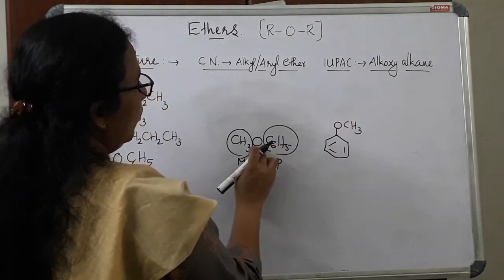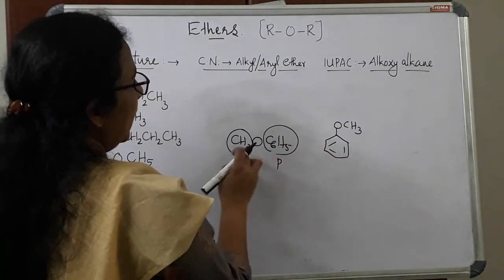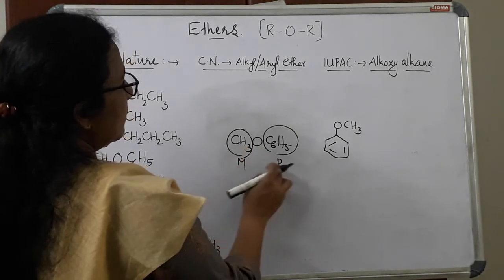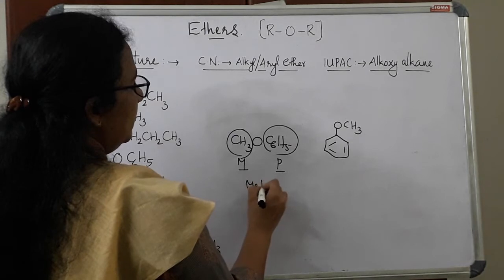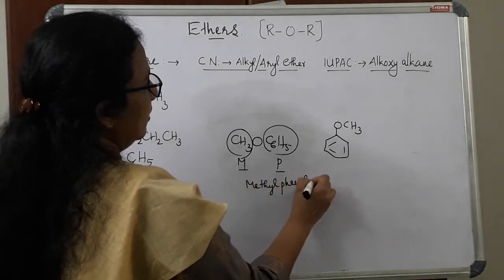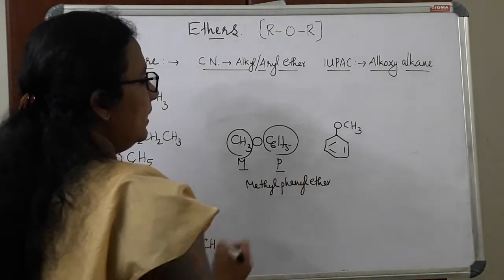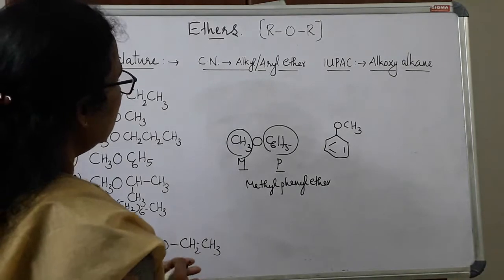Both are the same. So there is an aryl group and an alkyl group. Here also we will see the alphabetical order. M comes first, so it will be methyl, phenyl, ether. This will be the common name of this particular compound.